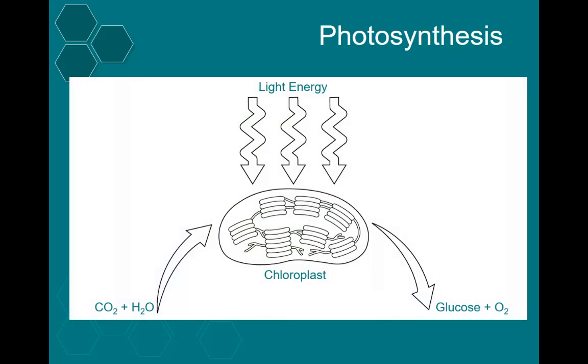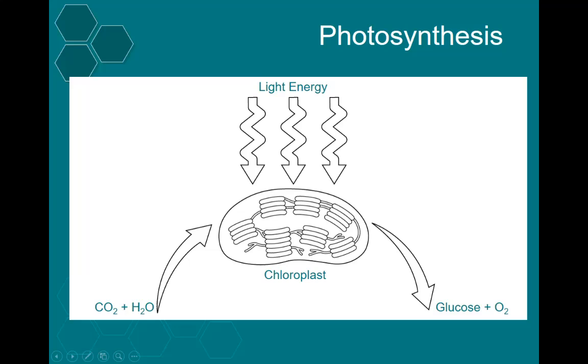Okay. So here's an overview of photosynthesis again. Remember your reactants are here on the left, CO2 and H2O. These are the things that are put into the chloroplast to allow these chemical reactions to occur. None of it would happen without activation energy coming from light energy. It doesn't have to be the sun, but that's the typical source.